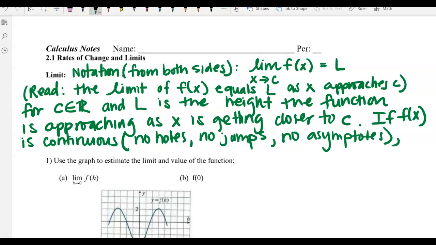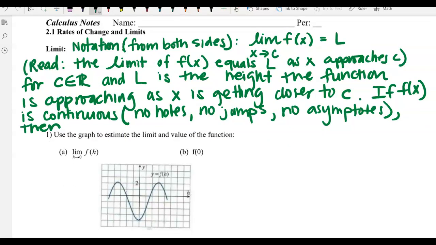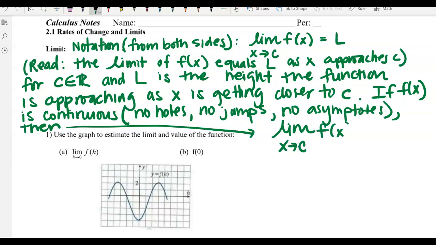Okay, then the limit, I'm out of space, I'm going to write over here. Then the limit as x approaches c of f of x is identical to f of c. Like I said, if f of x is continuous, then this is true.